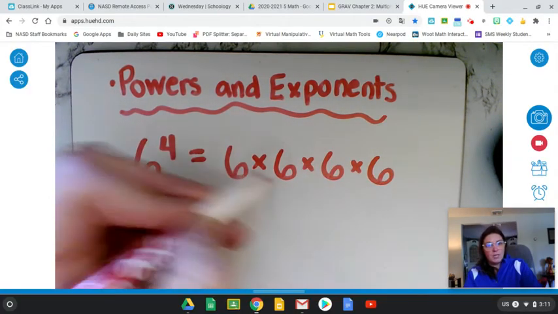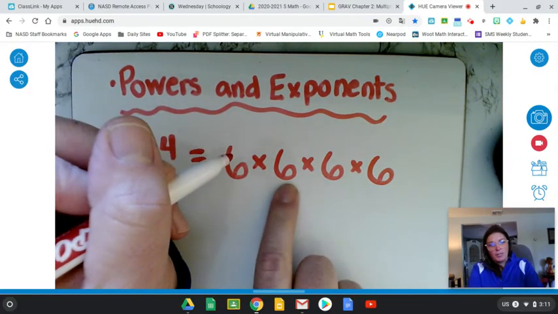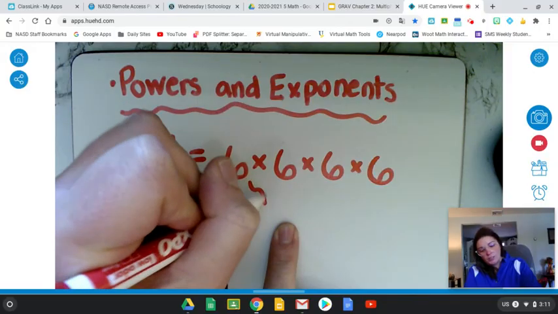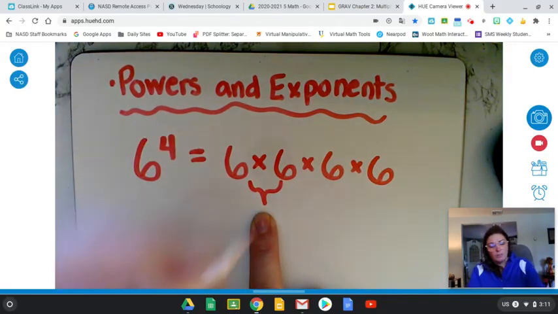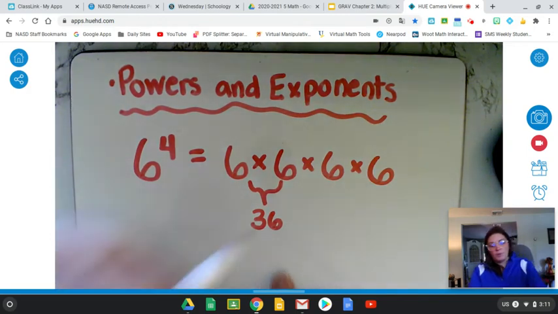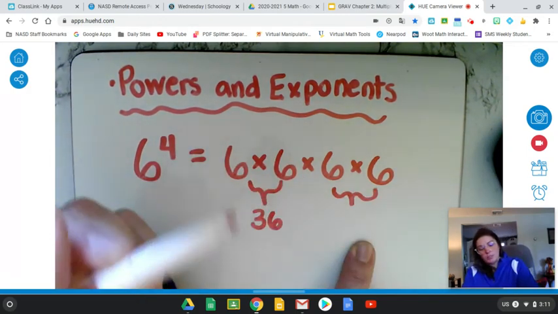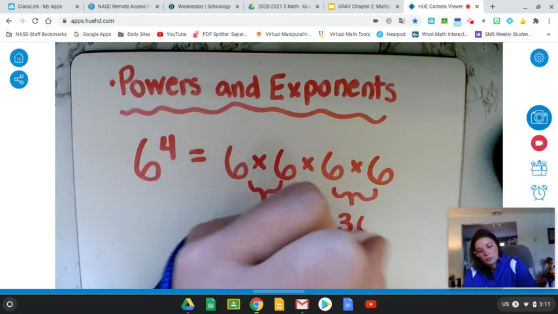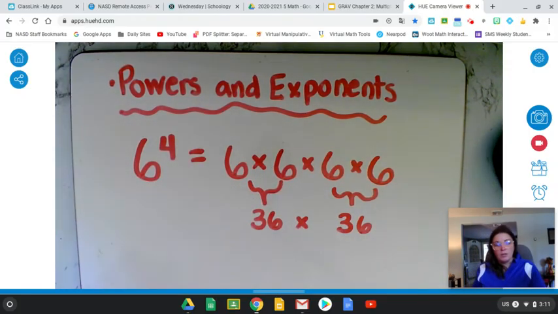So to figure this out, I'm going to break it down. I'm going to say, well, this 6 times 6 equals 36. And this 6 times 6 also equals 36. So to figure out what this equals, I have to do quite a big calculation.